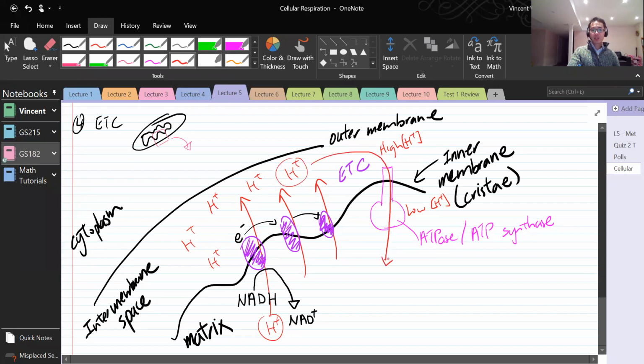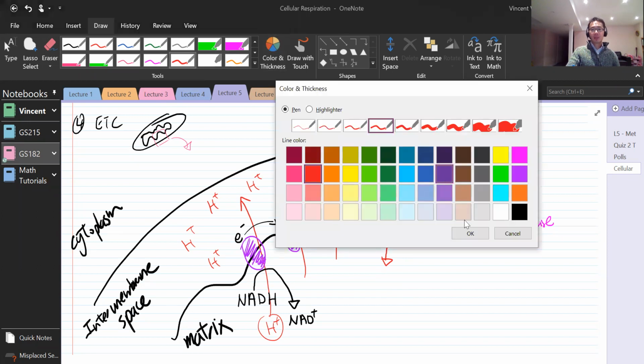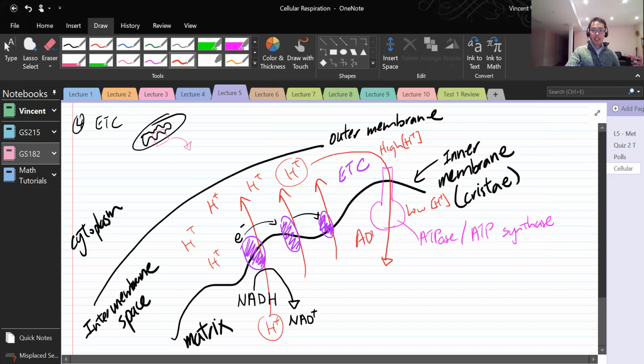As the H plus goes through the ATPase from high concentration to low concentration, it's like water going through a turbine. It turns it, and that provides the energy necessary to produce ATP. So we're finally able to take the ADP and add a phosphate to it through this turning mechanism to produce ATP.